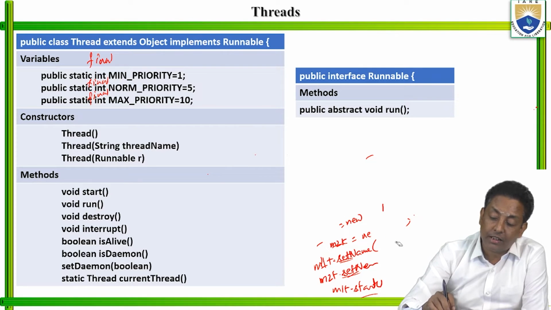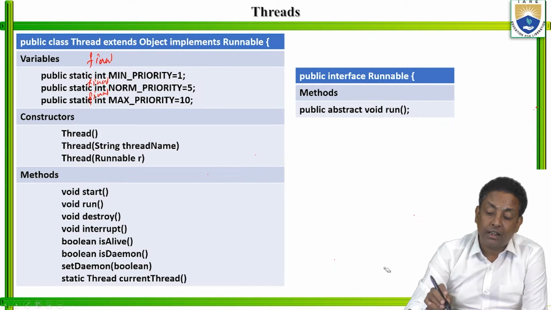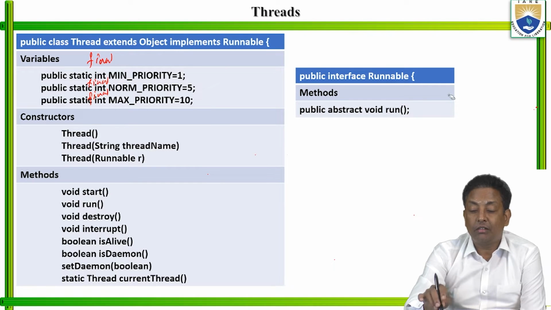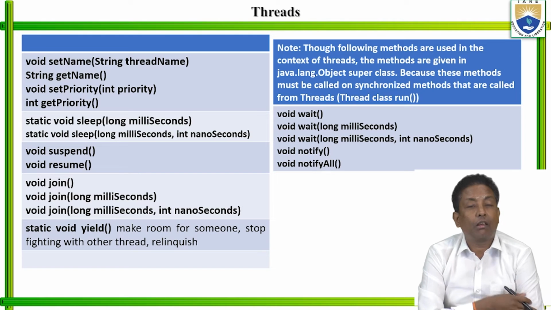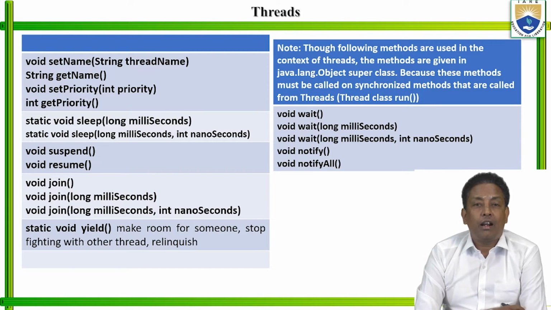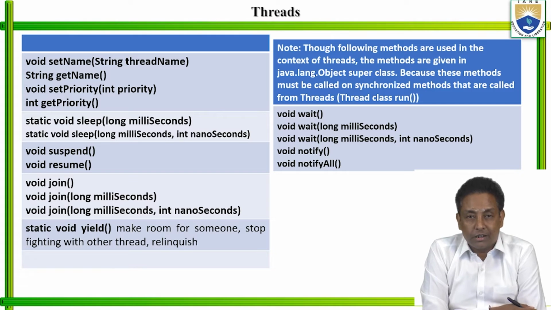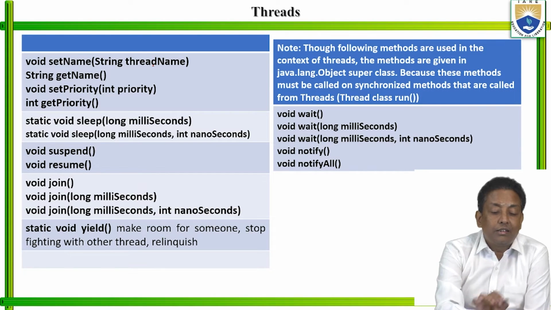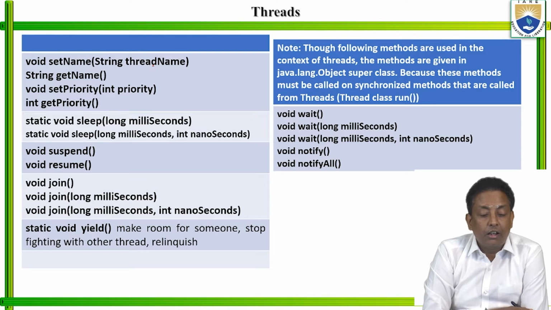And next, these are the methods of the Thread class. Besides this, the Runnable interface method is given as a public abstract method. The two commonly used properties, if required, are setName, getName, setPriority, getPriority.